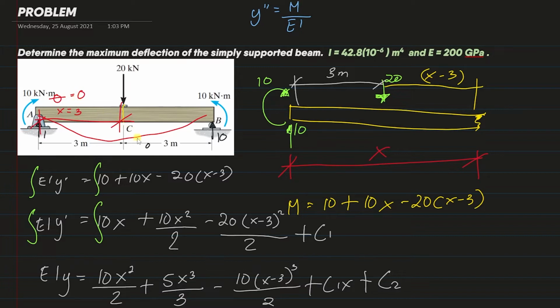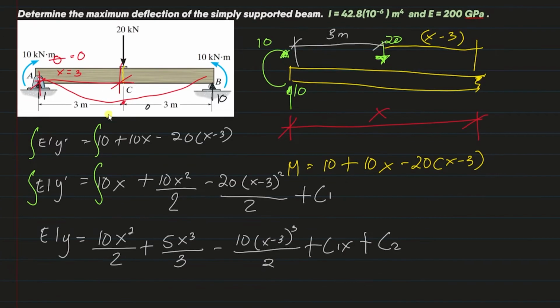Why is the slope 0? Because at x equals 3, that's the location of the maximum deflection, and at the maximum deflection, the slope is 0. I'm confusing, right? It's repetitive, but that's the point.